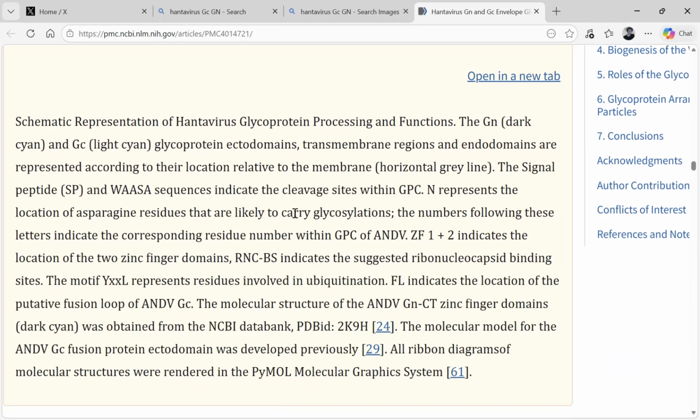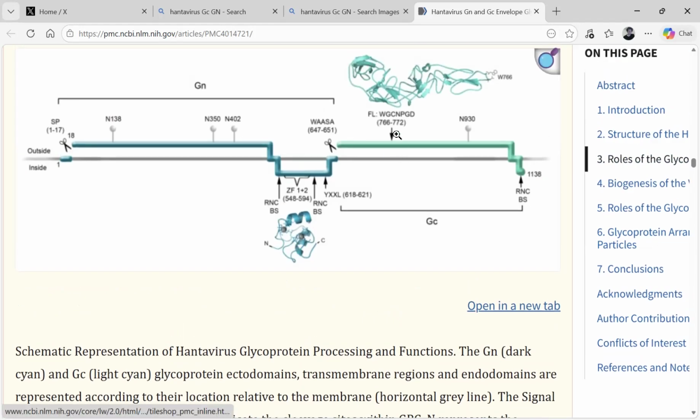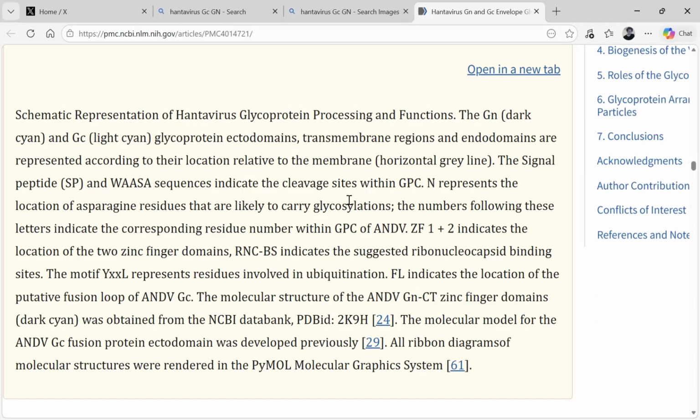FL indicates the location of the putative fusion loop of the Andes GC. Molecular structure of the Andes GN CT, zinc finger domains, dark cyan.